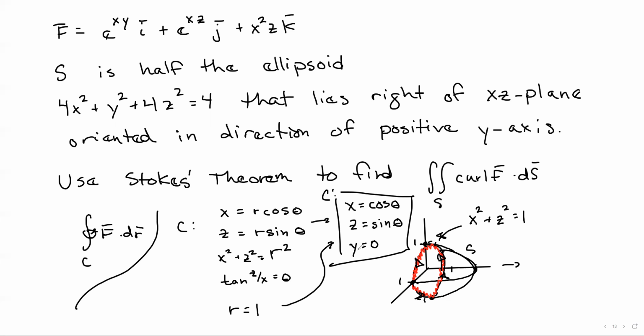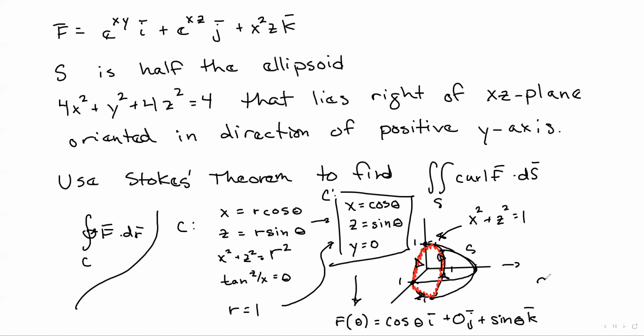Once we've parameterized the curve, you can turn that into a vector function, r of theta. So that's going to be cosine theta i plus 0 j plus sine theta k. And if that is r, we want dr, so you need to differentiate that.